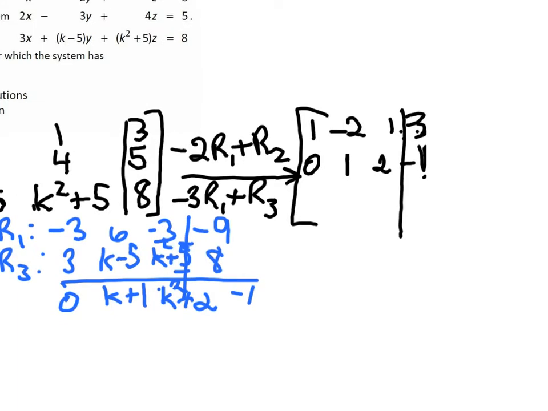So the new row 3 is 0, k plus 1, k squared plus 2, and then negative 1.